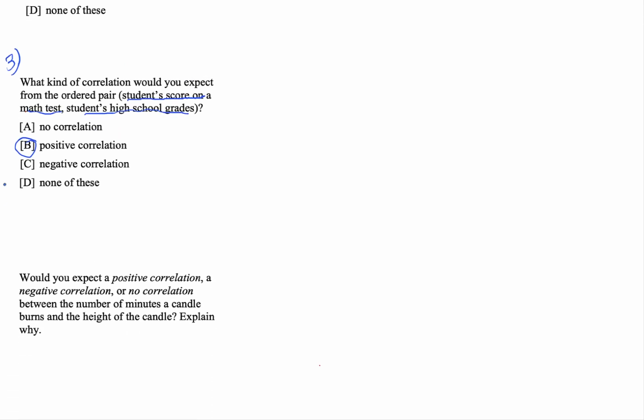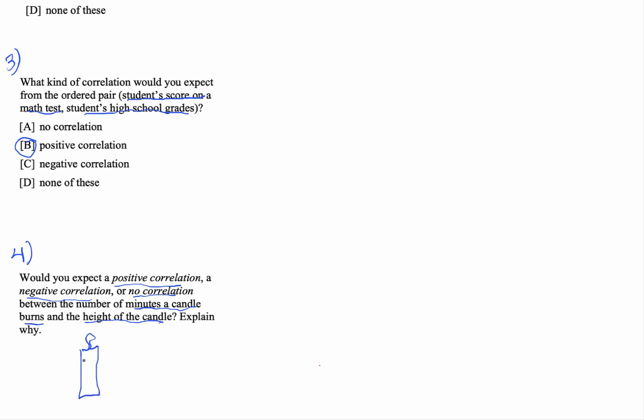Last but not least, number 4. Would you expect a positive correlation, a negative correlation, or no correlation between the number of minutes a candle burns and the height of the candle? Talking about a candle. So here is our candle. This is the height.